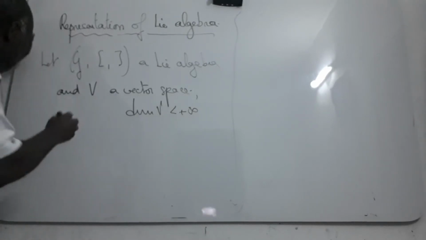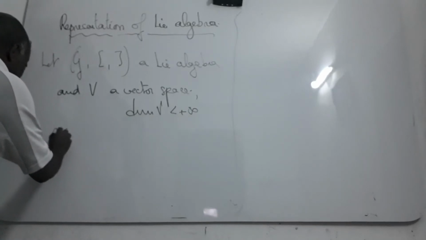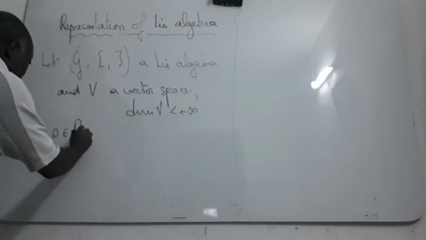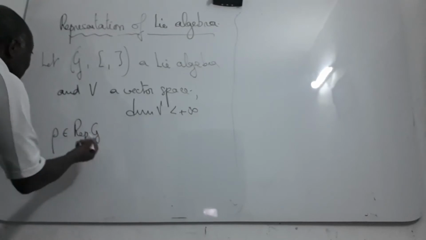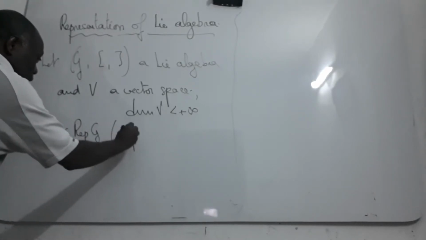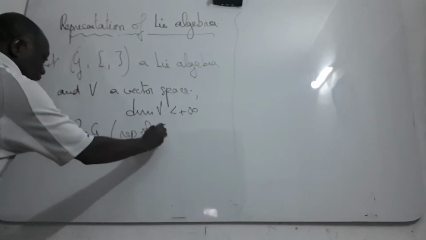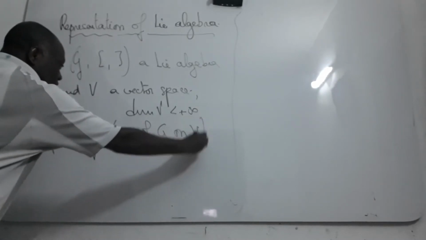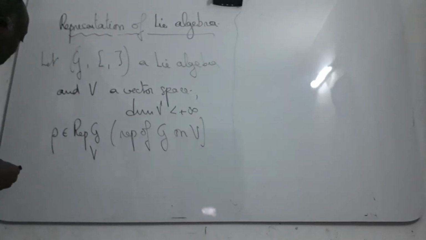And you see that rho is a representation of this algebra on V, a representation of g on this vector space.